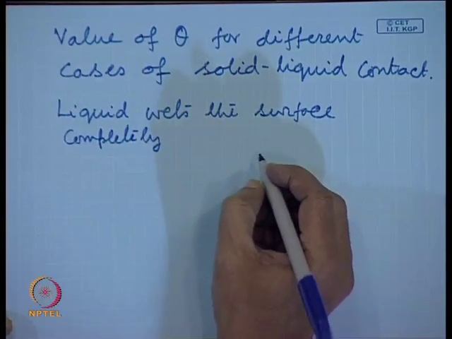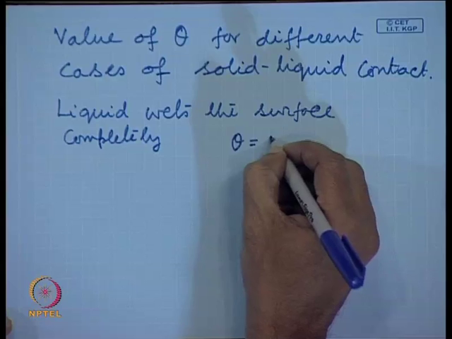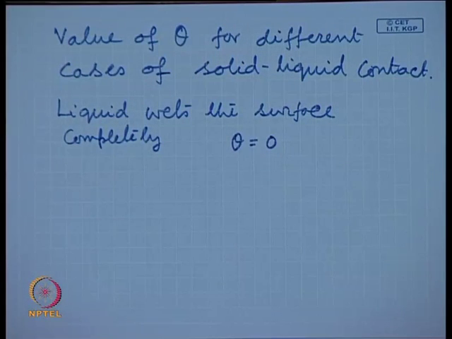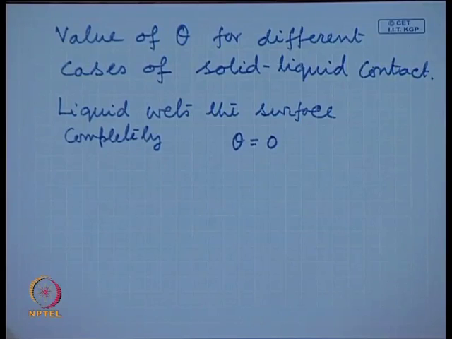So, what do you get? You get theta is equal to 0. So, if theta is equal to 0, from your equation what is the value of phi? Phi is equal to 1. So, the factor which could reduce the energy needed for the formation of the vapor embryo is equal to 1. So, there is no reduction. So, delta G r, what I will calculate from the thermodynamics, this is your Gibbs energy. The same amount of energy will be needed. So, the presence of a flat surface is not helping me.